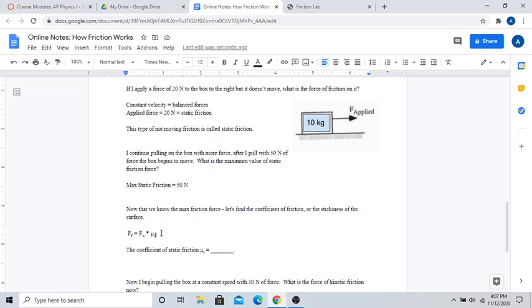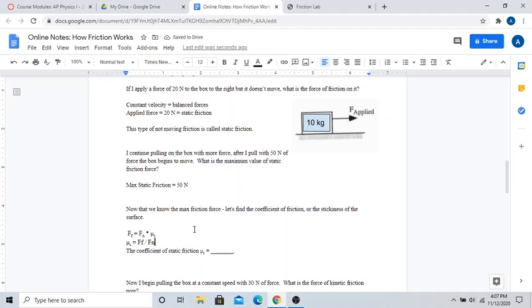Remember, we're looking for the stickiness, this little mu. So moving some stuff around, mu is going to be equal to FF divided by Fn. We divide the force of friction by the normal force of the box.